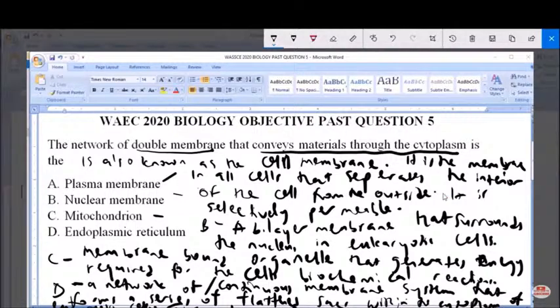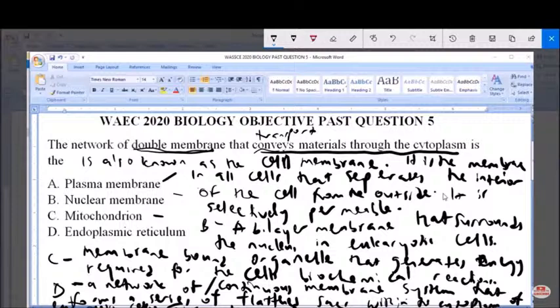Now, the question asked for the network or a system of double membrane that conveys or transports. Another word you can use for convey is transport materials within or through the cytoplasm.